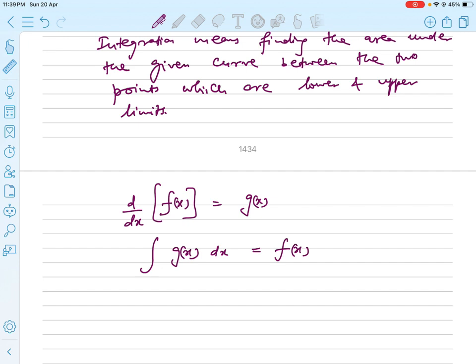You take the derivative of a function, you get another function, you integrate that function, you will get back the function f(x) with which we started. Okay, so this is the whole gist of the discussion of integration. Now we will take some examples to make things more clear.